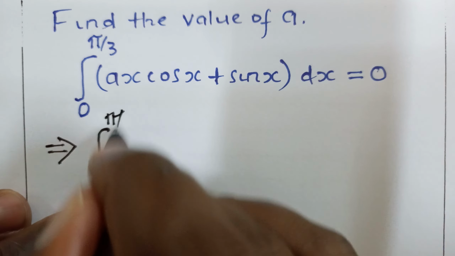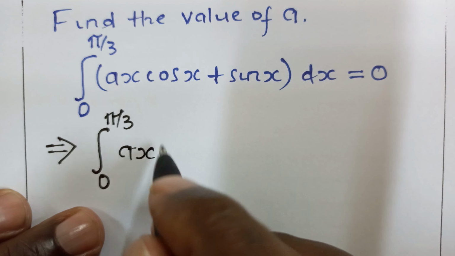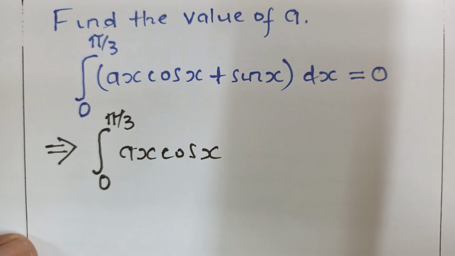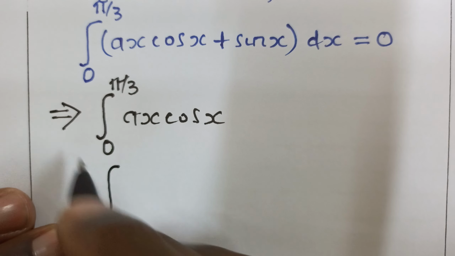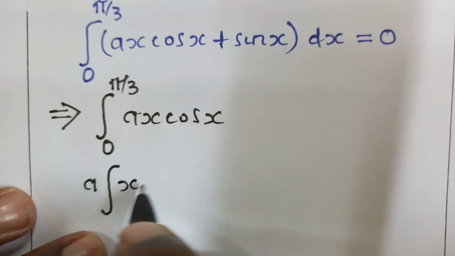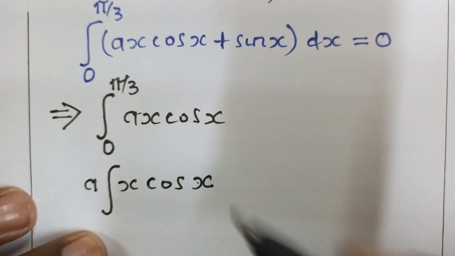So I will write ax cos x. And guys, taking a being a constant, I can put it right there, and then I now integrate x cos x.